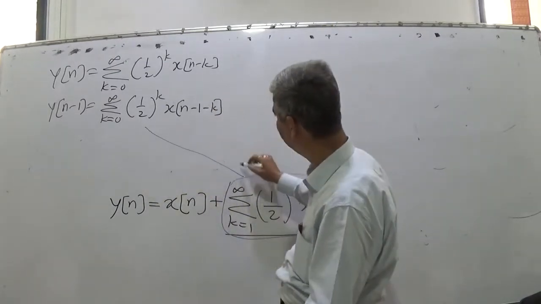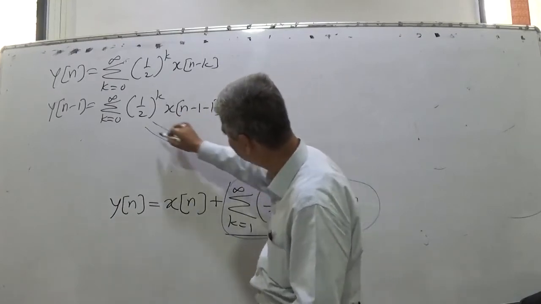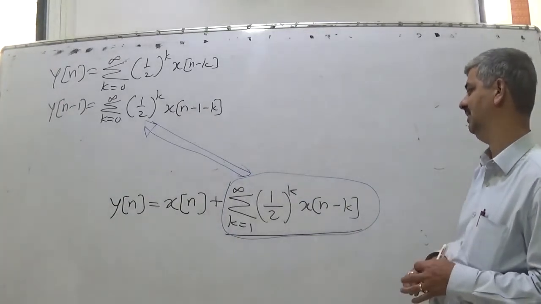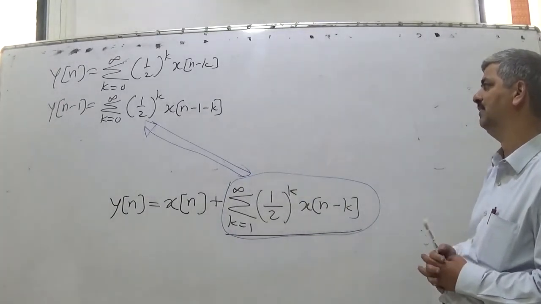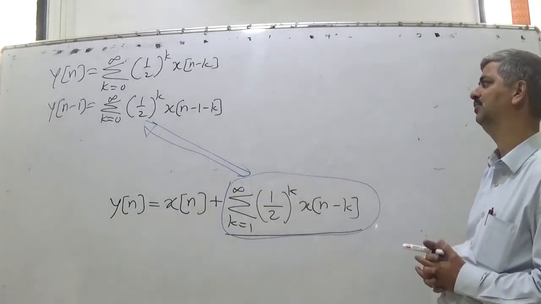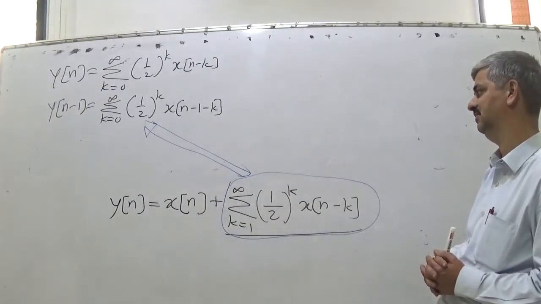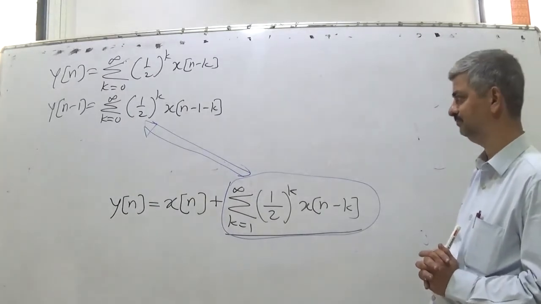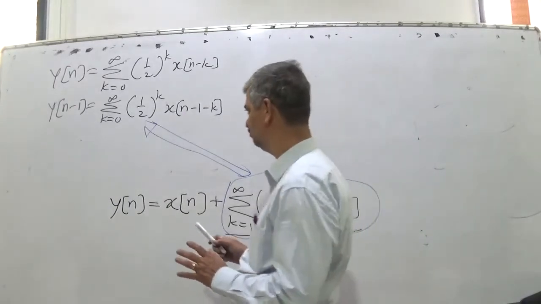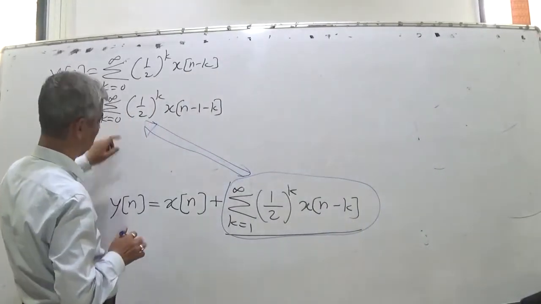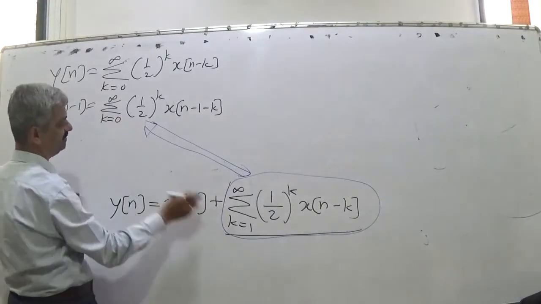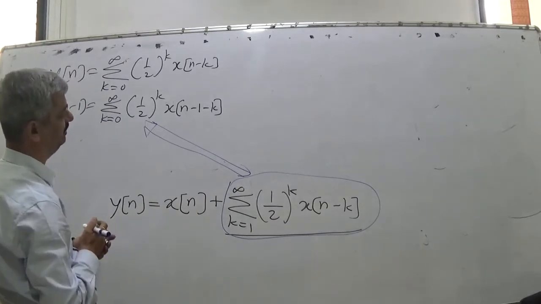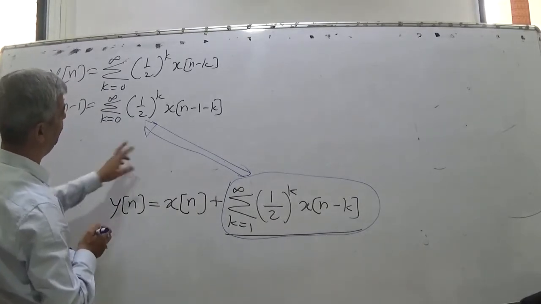There are 2-3 approaches. If I watch these two expressions, this one starts with k equal to 0, and this one starts with k equal to 1. This is the difference.